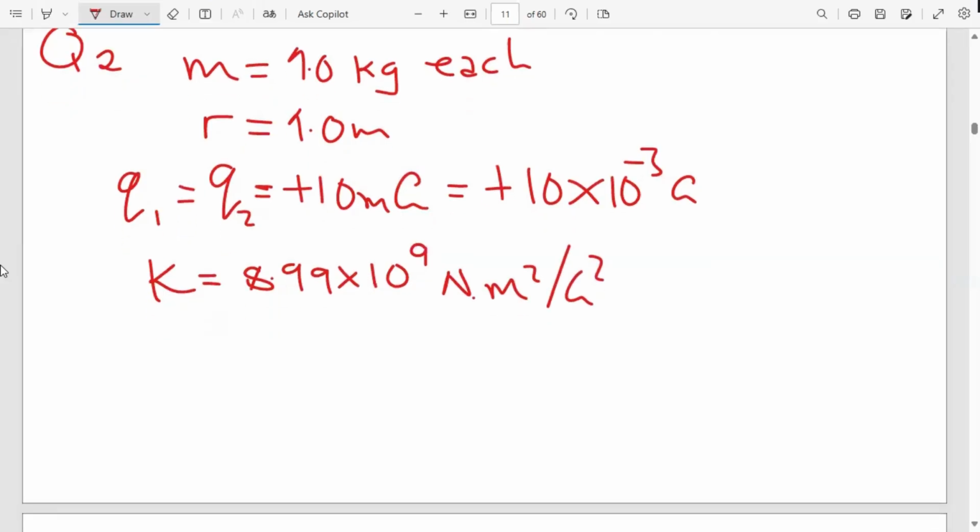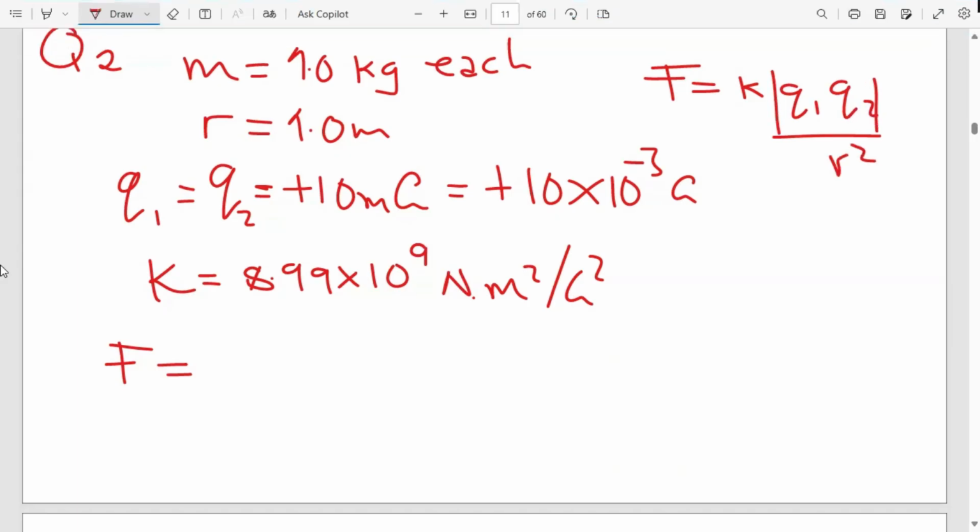So question A is saying we should calculate the magnitude of the electrostatic force. The electrostatic repulsive force is the one which is going to be in action between these two objects, because both of them are positively charged. So it will be a repulsive force. So we're going to say the electrostatic force, we already know the formula, F is equal to K Q1 Q2 over R squared.